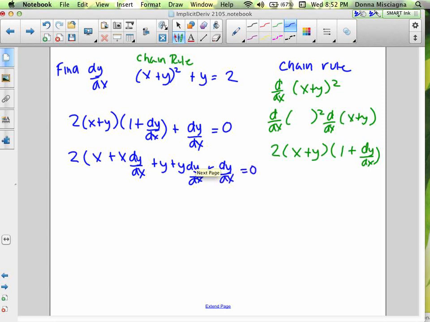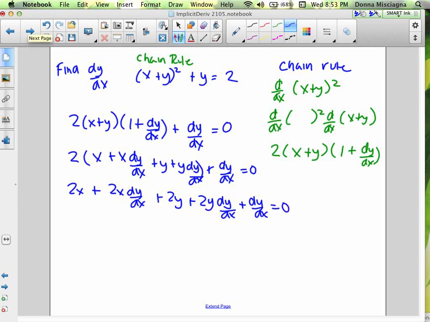Oops, don't forget our parentheses, right? Because the 4 terms there are multiplied by 2. So we'll distribute the 2. 2x plus 2x dy dx plus 2y plus 2y dy dx plus dy dx equals 0.